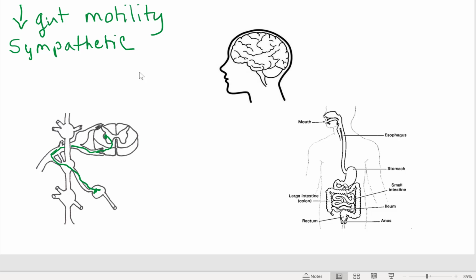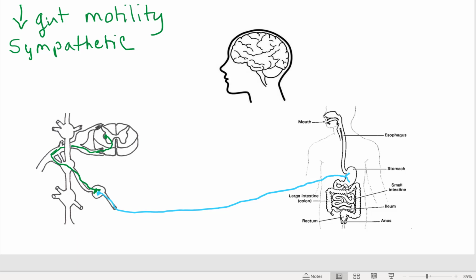The postganglionic cell body is found in that collateral ganglion. The fiber would then terminate. I'm just going to draw that it's terminating on the stomach. I could have drawn it to any part of the gut, so I'm just drawing it to the stomach.